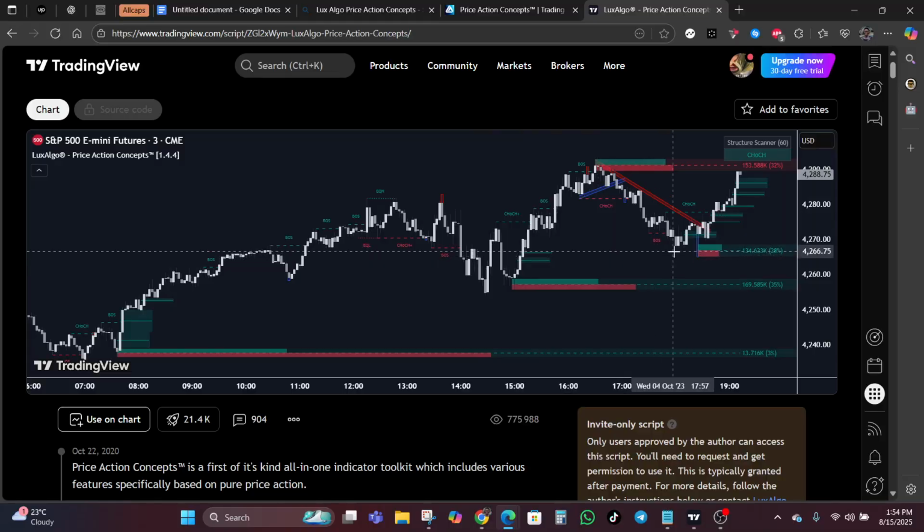If you are a forex trader, it can help you spot key levels in pairs like the Euro USD or GBP JPY. For crypto traders, you can use it to track major moves on Bitcoin, Ethereum, or other altcoins. Stock traders can apply the same principles on equities, ETFs, or indices.